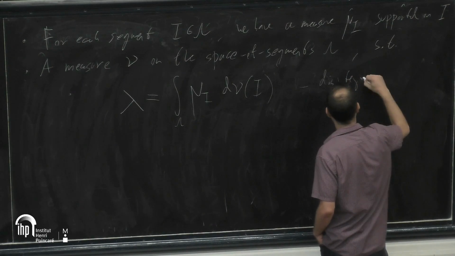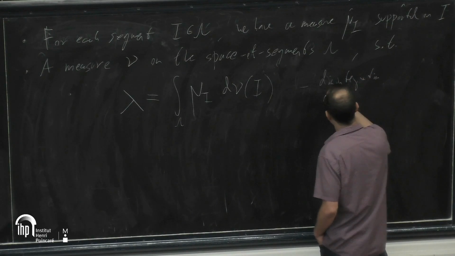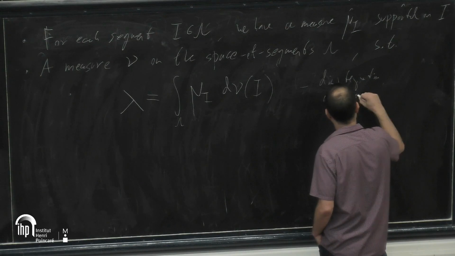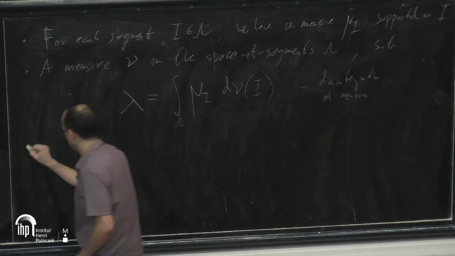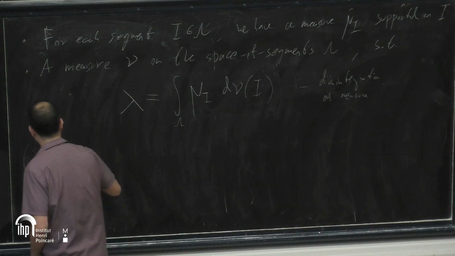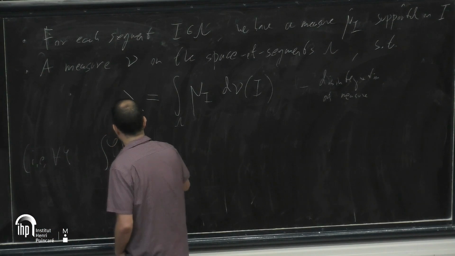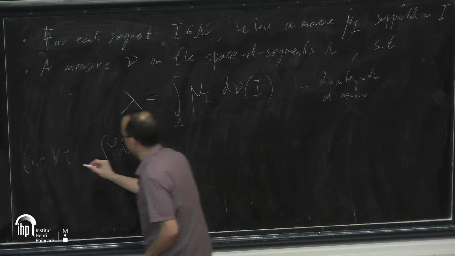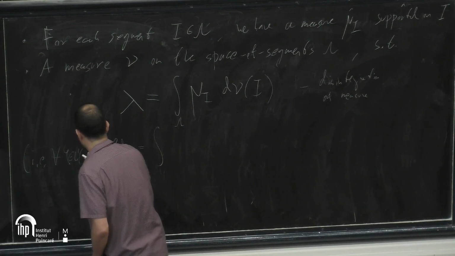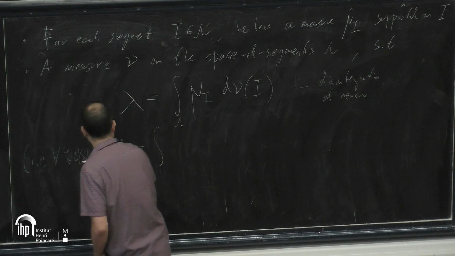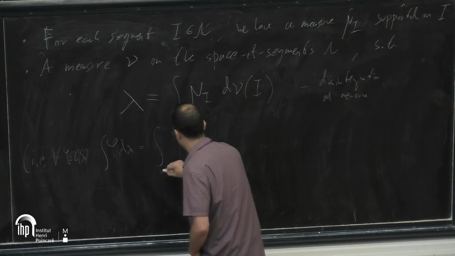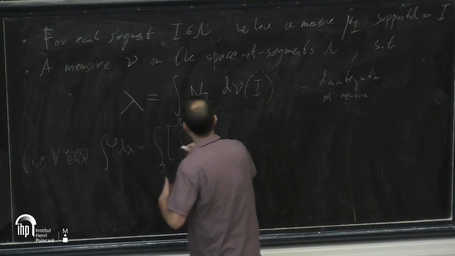This means that for any test function phi, smooth and compactly supported, the integral of phi d lambda is the integral over omega of the integral of phi d mu I, d nu.